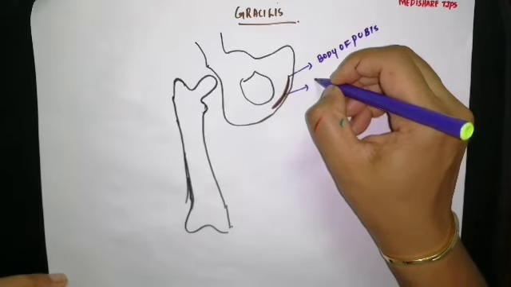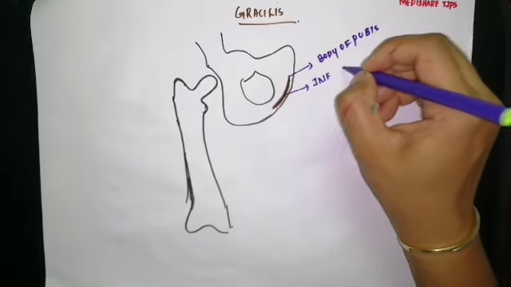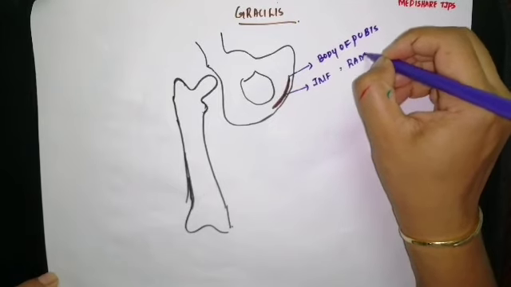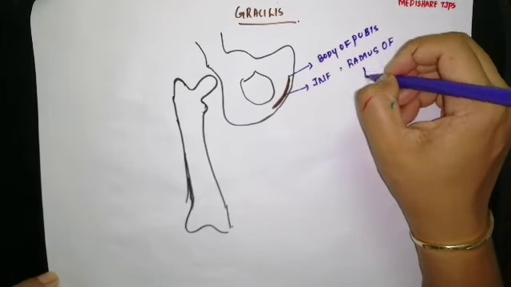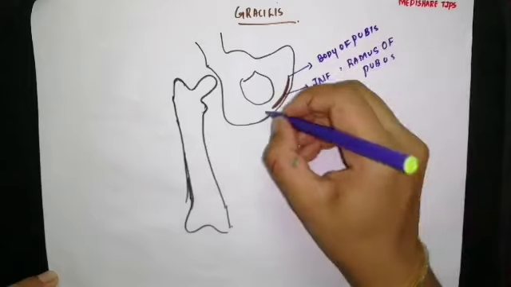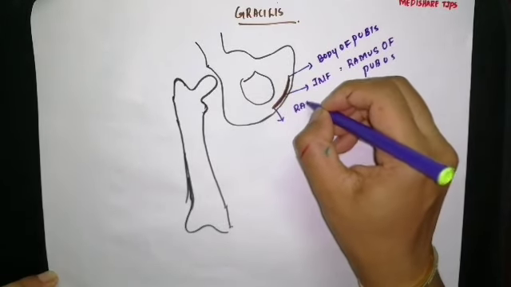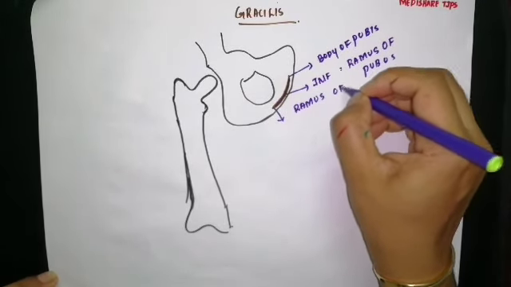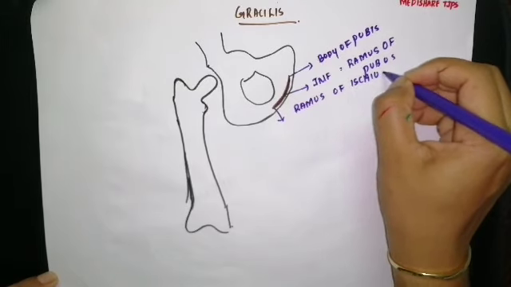Now the inferior ramus of pubis and adjoining part of the ramus of ischium. So these are the sites of origin.